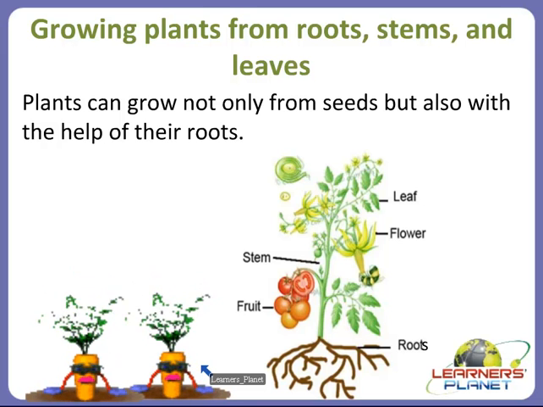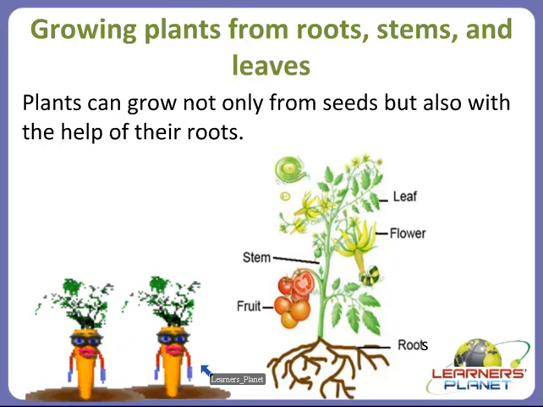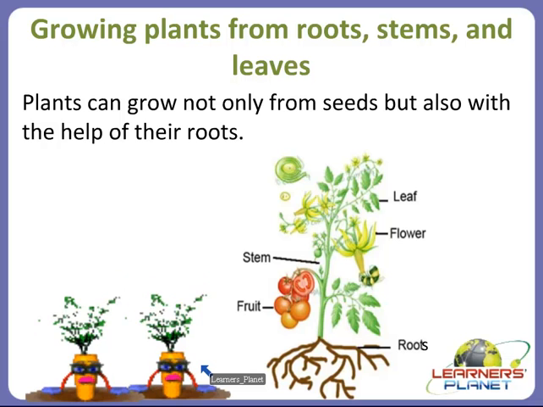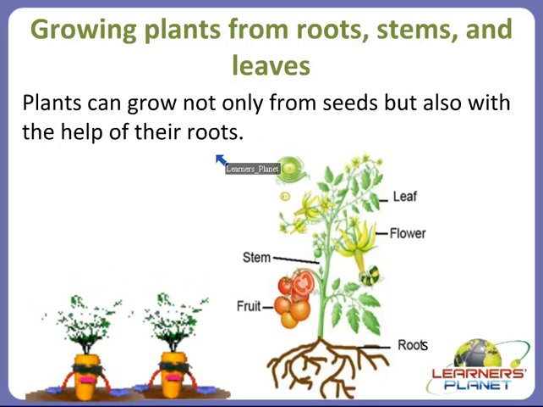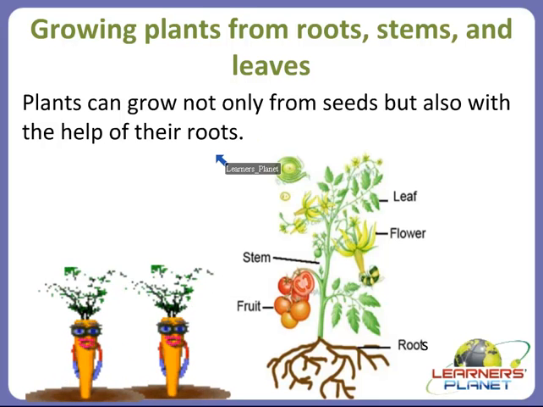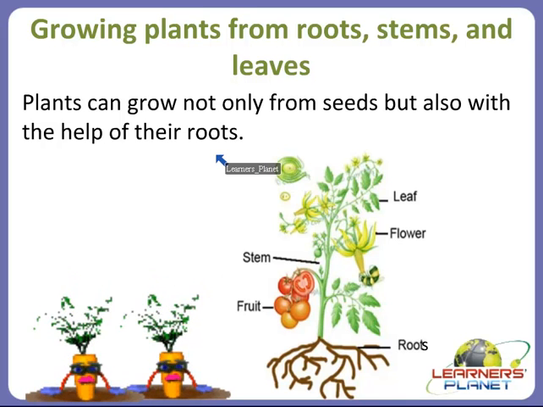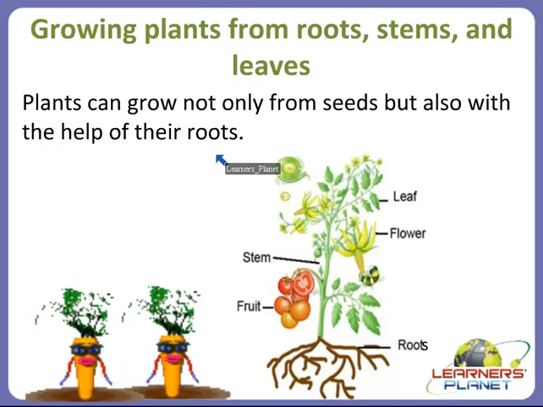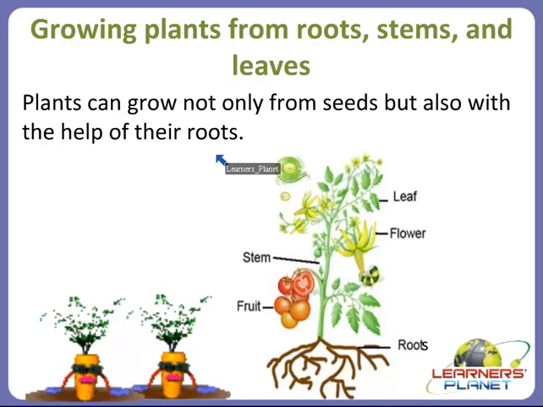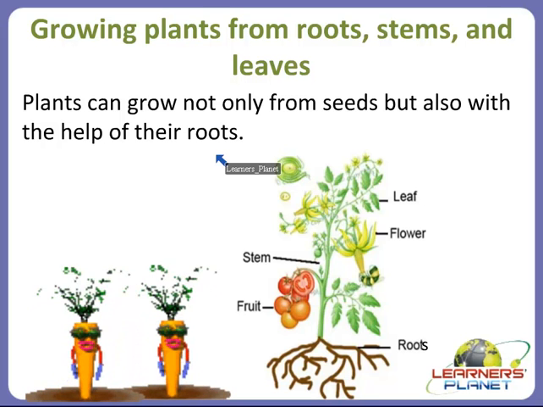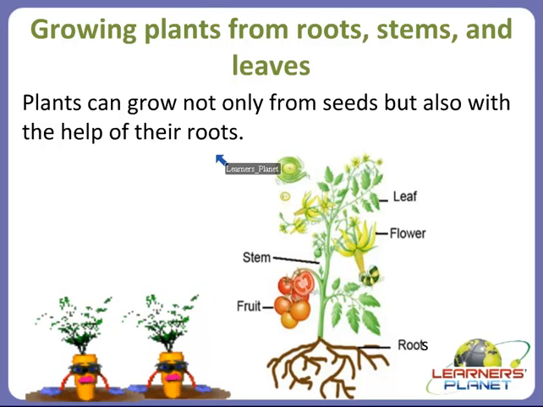No, this is not possible with a carrot, because this plant does not grow from seed, but grows with the help of its roots, right? So not all plants grow from seeds; they also grow from other parts of the plant. In the same way, not all plants grow from their roots; they grow from other parts of the plant too.